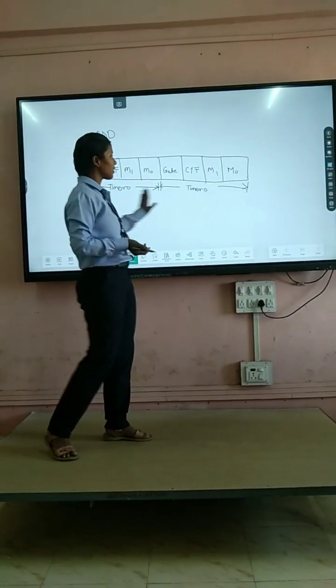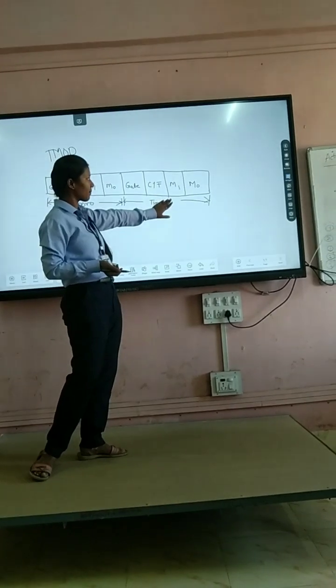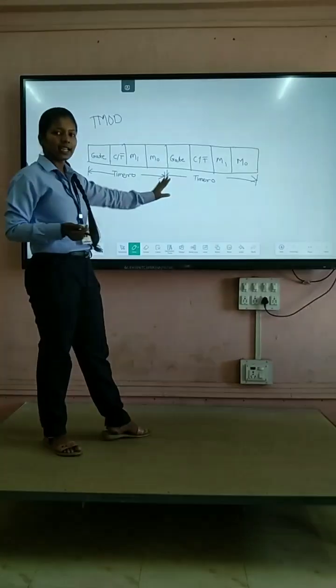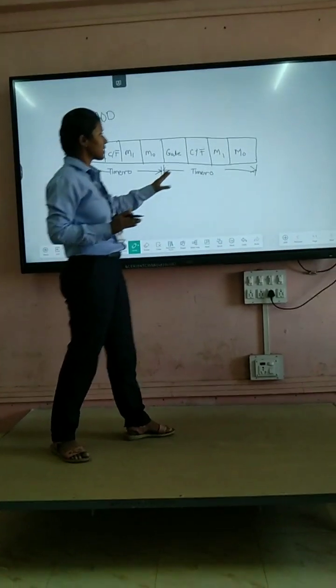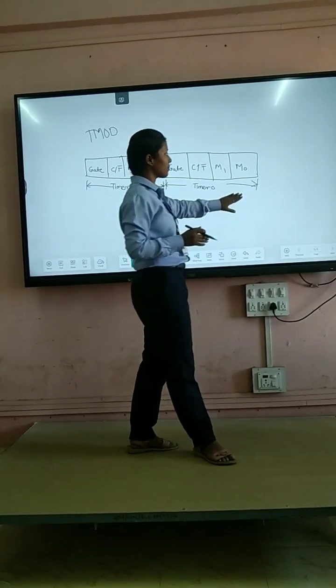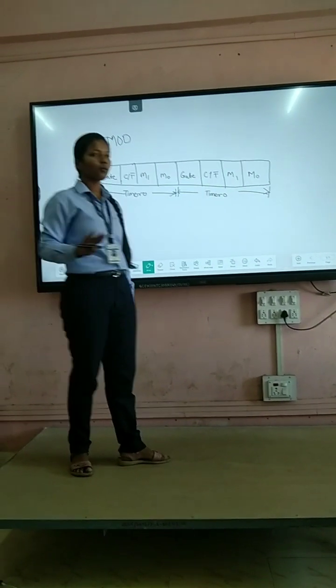First is timer 0 and timer 1. Each timer consists of GATE, C/T bar, M1 and M0. GATE selects 0 and 1. C/T bar selects counter or timer mode, and M1 and M0 select the mode. In the TMOD register there are 4 modes.